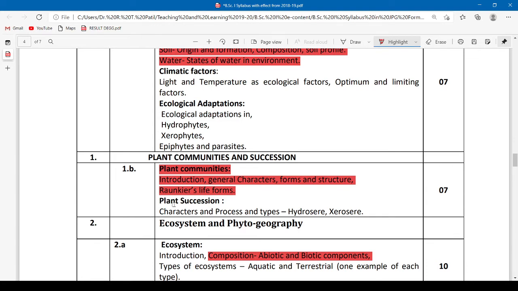But the topic considered for the examination is plant succession, and in plant succession, the characters, process and types.